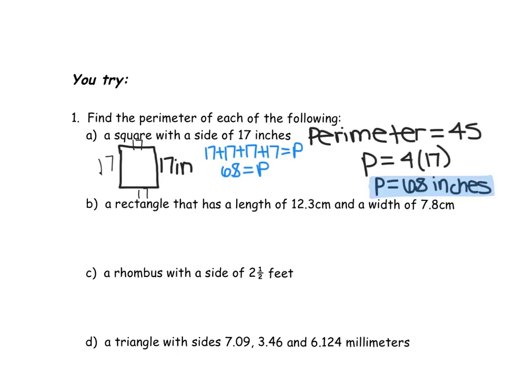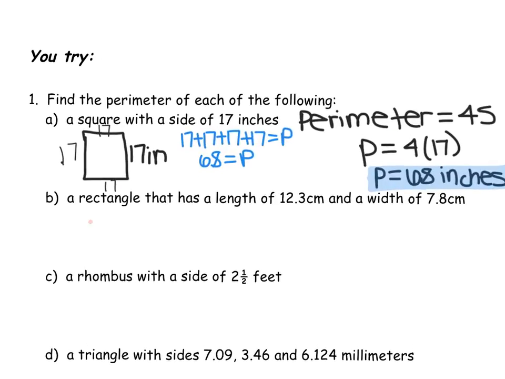Let's go down to B to get a different shape in there. This is a rectangle. The rectangle has a length of 12.3 and a width of 7.8.